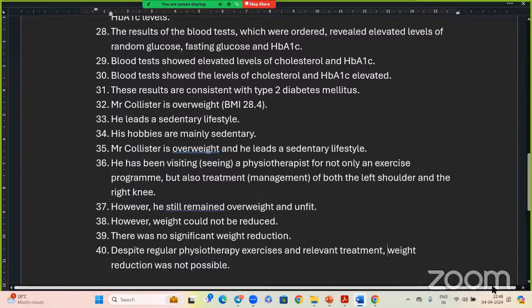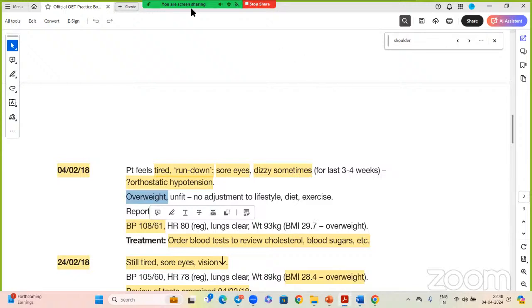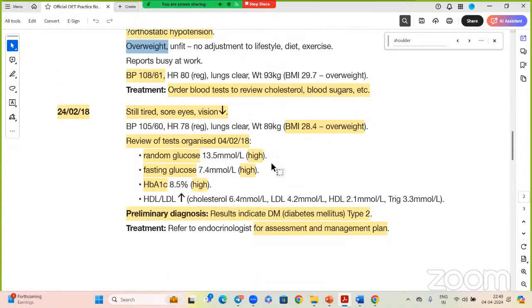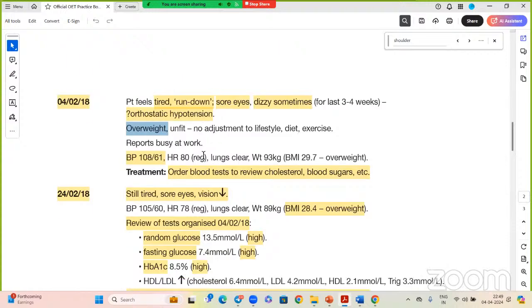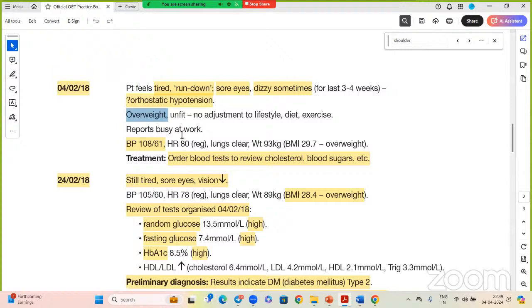So overweight and unfit. He remains to be overweight.